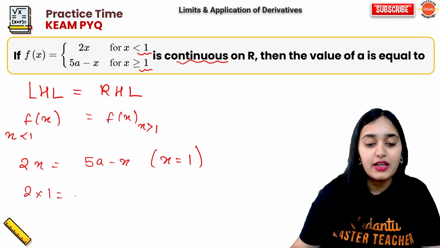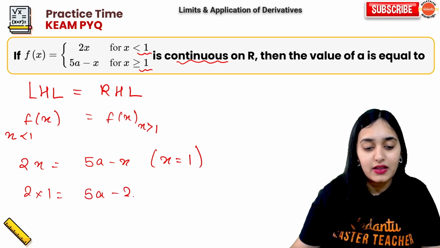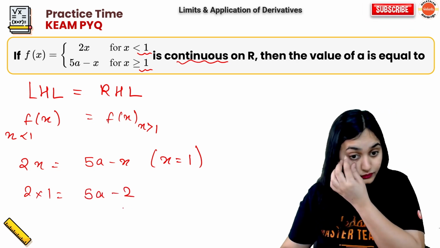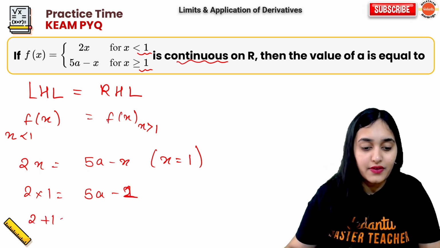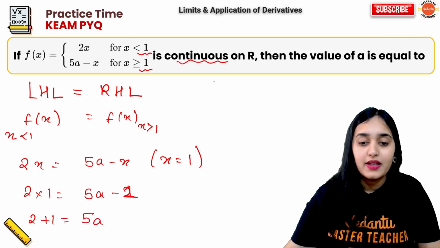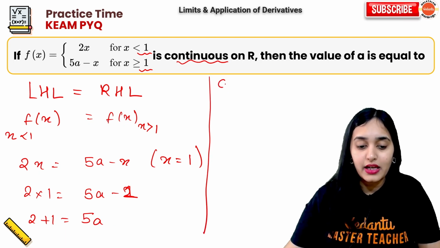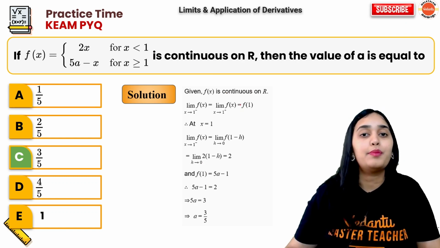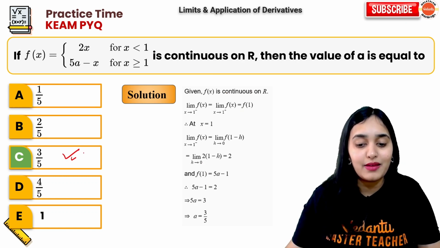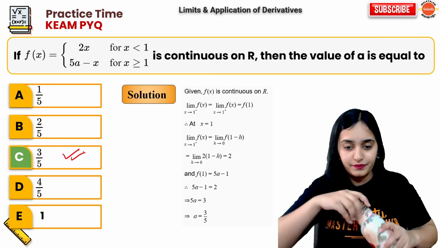So 2 into 1 is equal to 5a minus, sorry, 5a minus 1. So this will go here, 2 plus 1 is 5a. So this implies that a is 3 by 5. So that should be your simple answer, that a is 3 by 5.